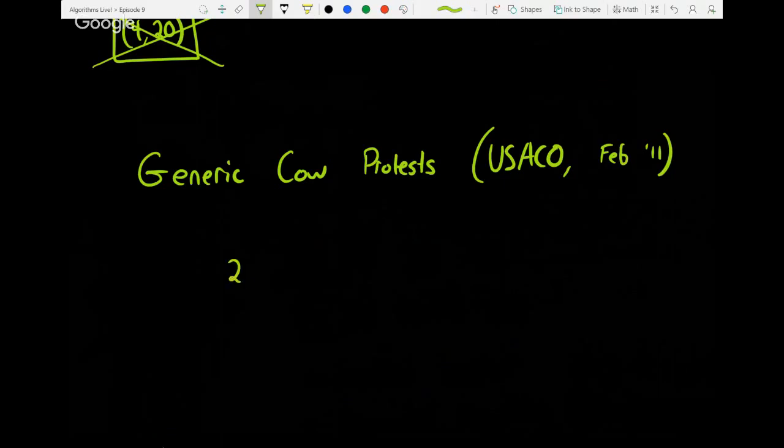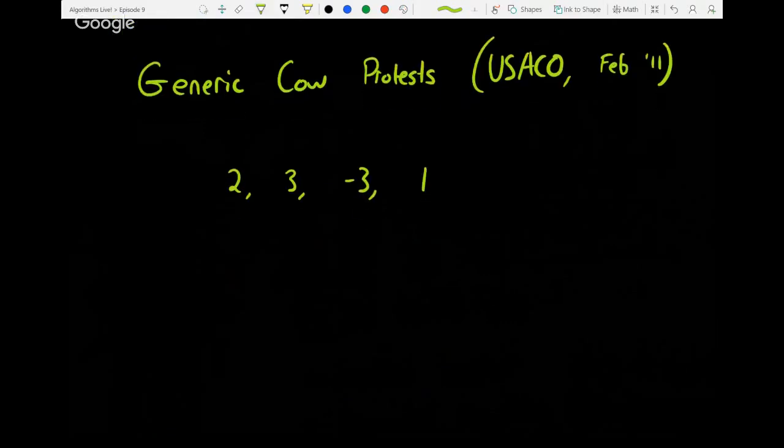Here's the idea. You're given a sequence. And what I'd like to do is partition this sequence into subsequences, but the partition needs to be positive in sum. So I could take the whole thing, and notice this thing sums to 3. So 2 plus 3 plus negative 3 plus 1 is 3.